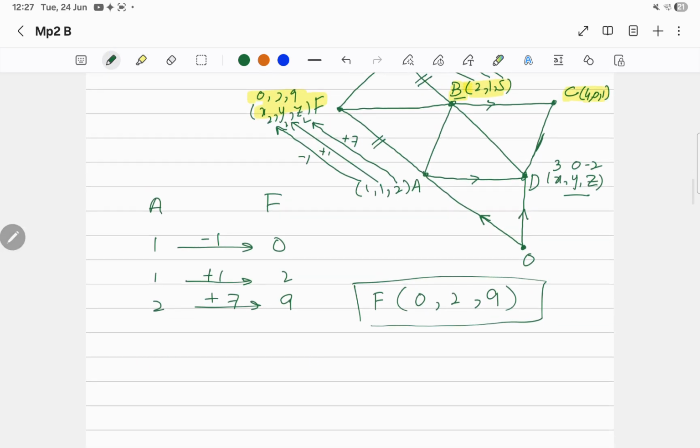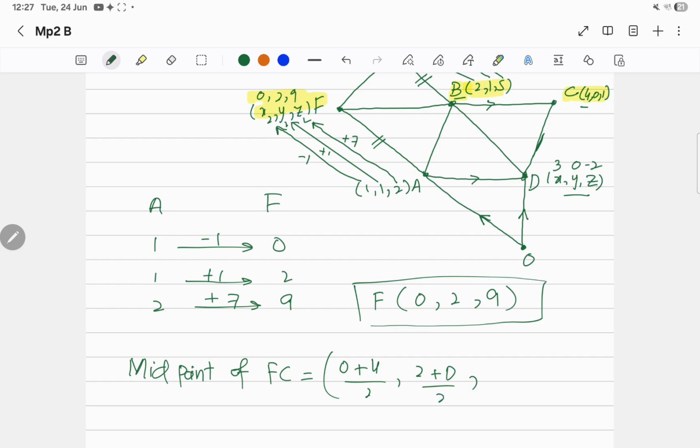So the midpoint formula on FC: the x coordinate of F is 0 plus the x coordinate of C is 4, divided by 2. Add the y coordinates, which are 2 and 0, 2 plus 0 over 2.